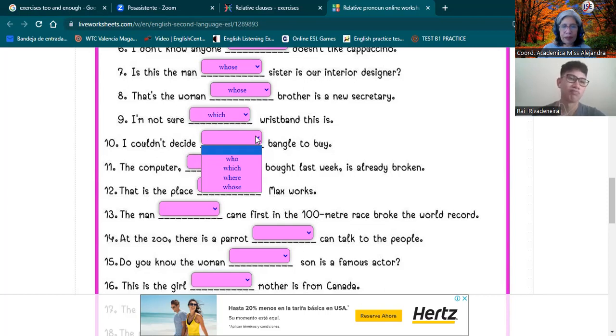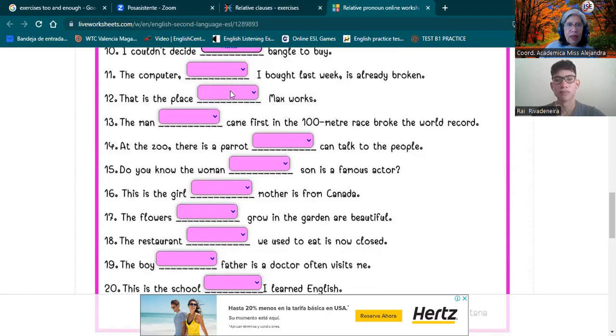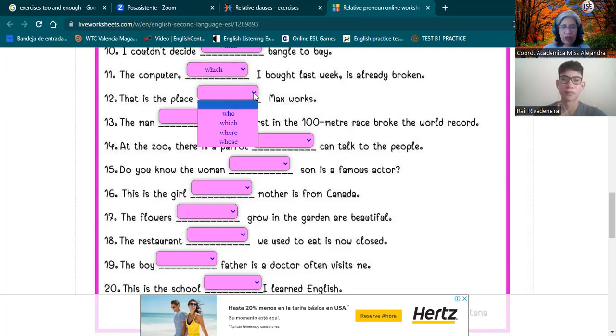Which bangle to buy? The computer which I bought last week is already broken. That is the place where Max works.